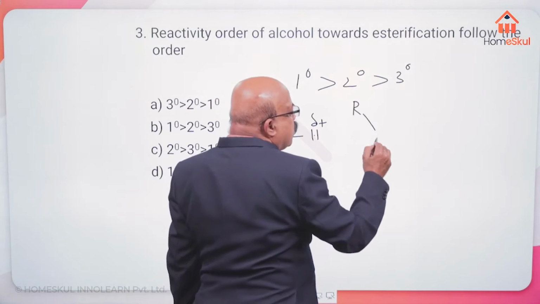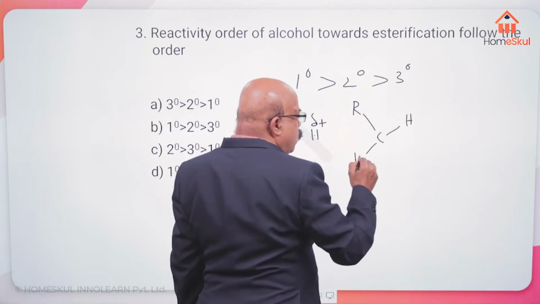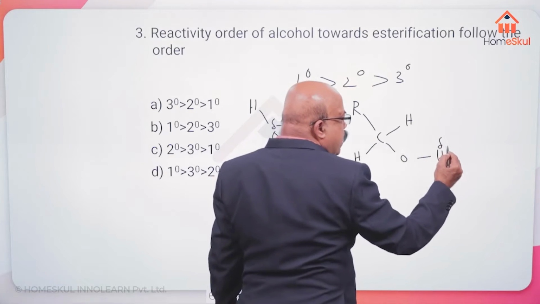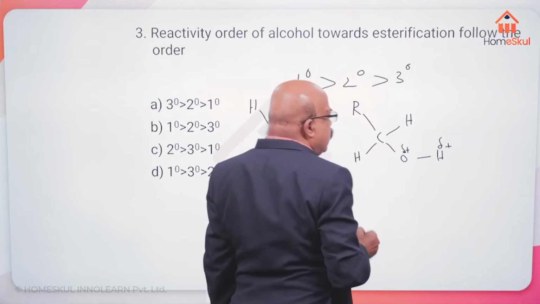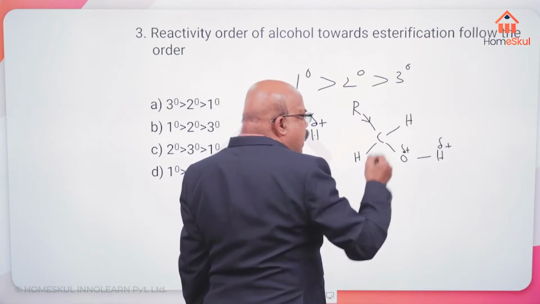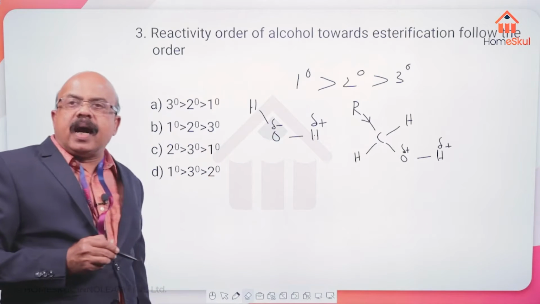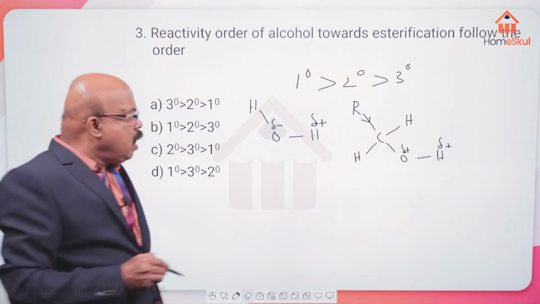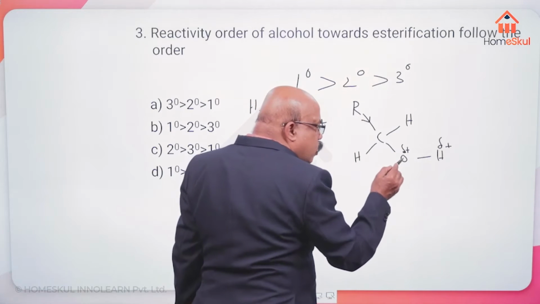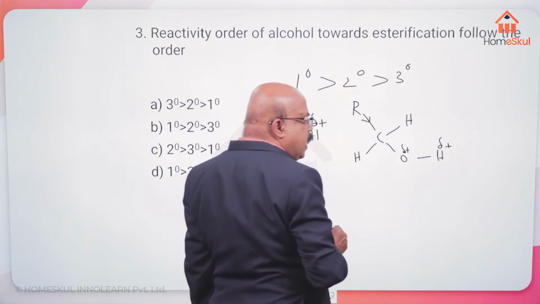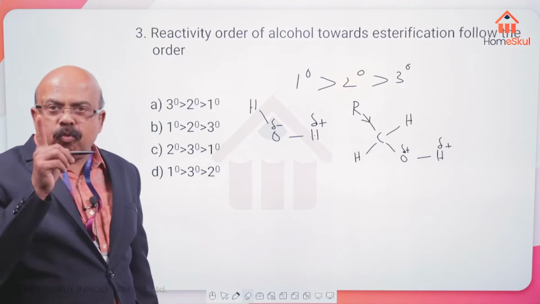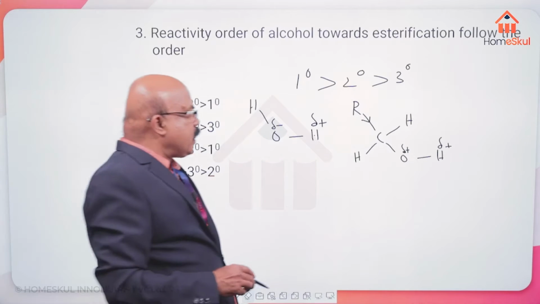When you consider a primary alcohol, this bond is polar in nature, but due to the plus I effect of the alkyl group, there will be higher electron density around the carbon atom holding the OH group. Because of the higher electron cloud, this oxygen atom becomes less electronegative. This bond becomes less polar. So alcohols are weaker acids than water.